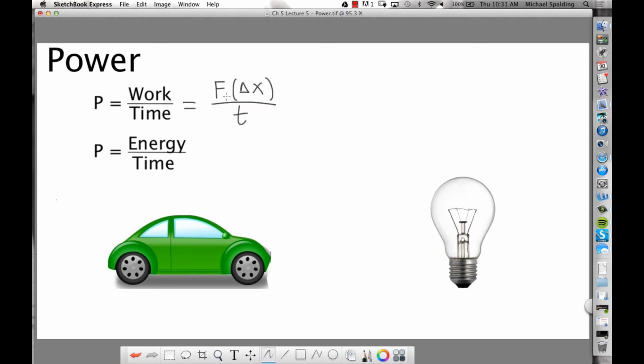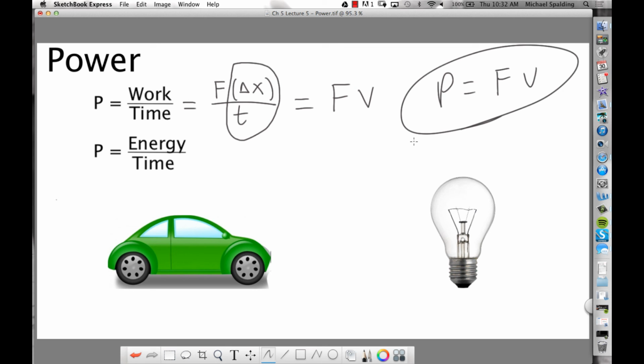Remember that from Tuesday? All right, now, at this point, anybody notice anything? What is displacement over time? Velocity. So this becomes a third equation for power. You could say that power is equal to force times velocity. The force doing the work multiplied by the velocity of the object.